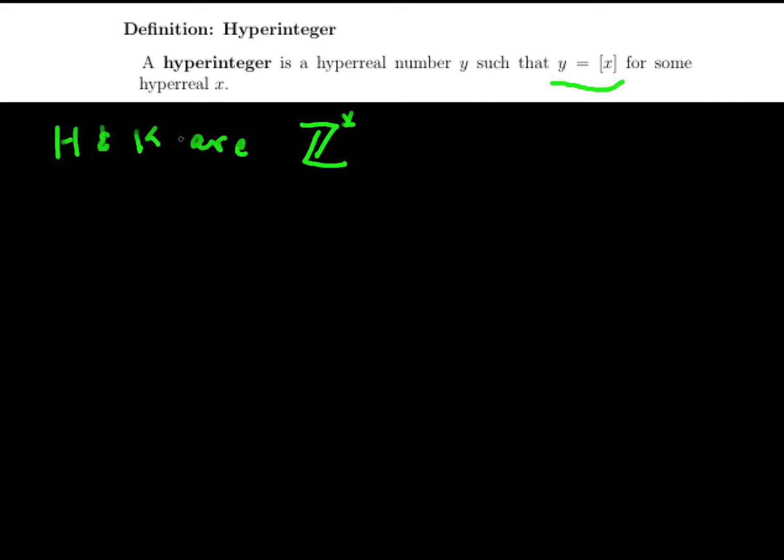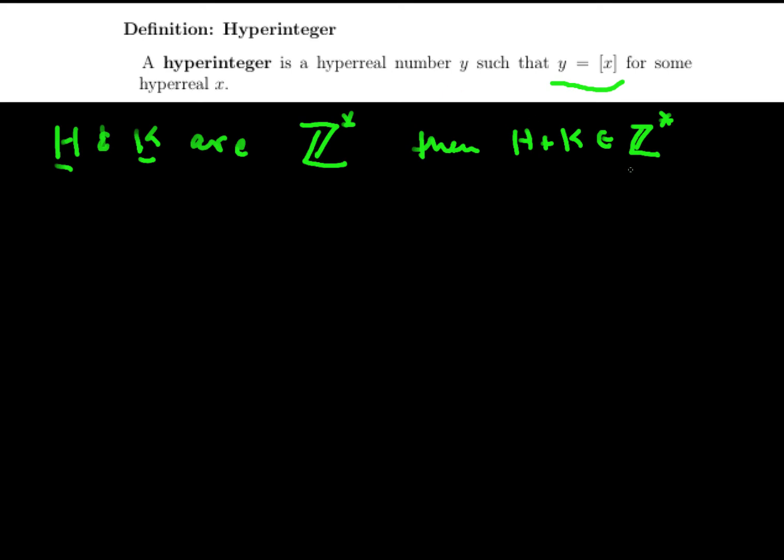Nonetheless, if h and k are hyperintegers, then h plus k would be a hyperinteger. So the arithmetic and algebra all stay the same; the behavior of these infinite integers will be just the same as regular integers.